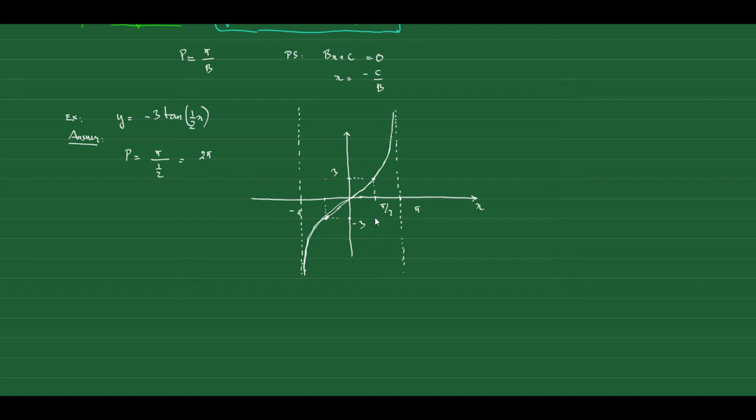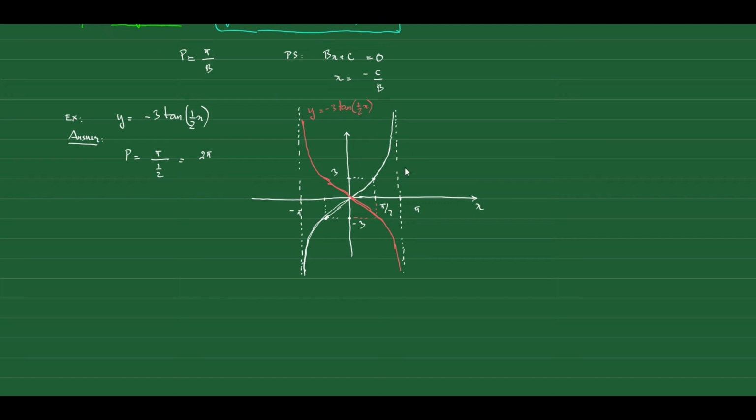So I'm going to make the reflection. There you go. Something like that. Just a reflection. Sorry, it's very hard for me to draw over here. Okay. So this is the function y equals -3 tangent of 1/2 x.